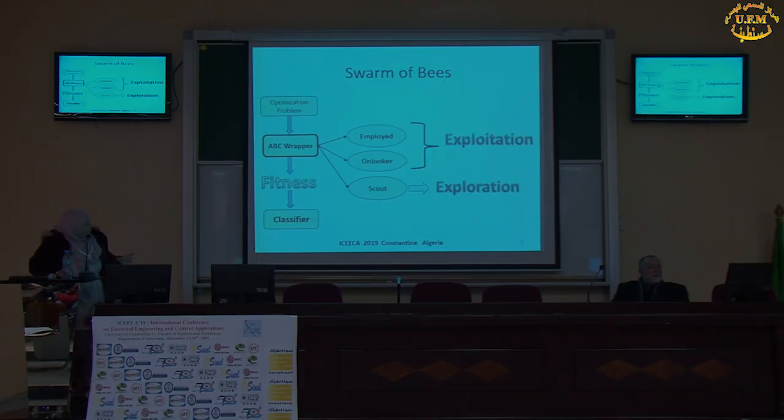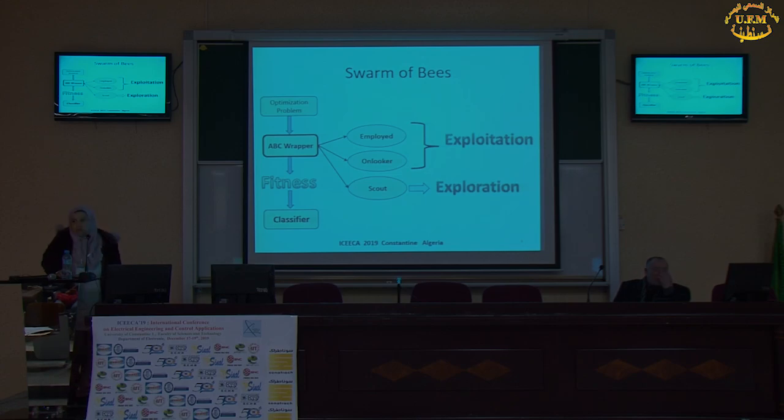We apply artificial bee colony as a wrapper approach. We need for that a fitness function, which defines the quality of the solution. This fitness is evaluated by a classifier.